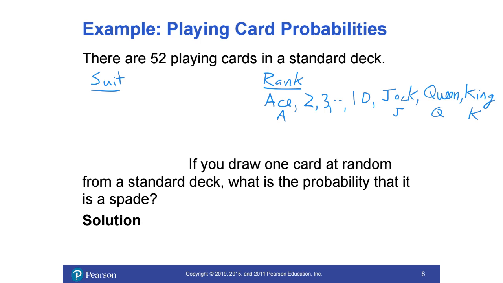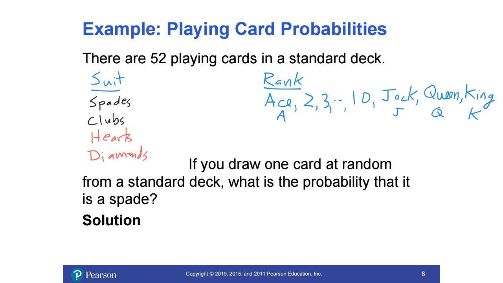There are 2 black suits, the spades and the clubs, and there are 2 red suits, the hearts and the diamonds.